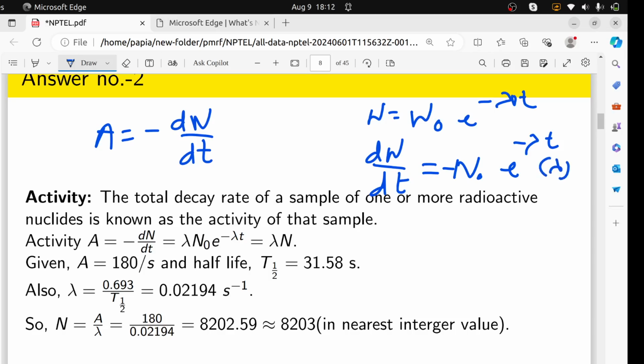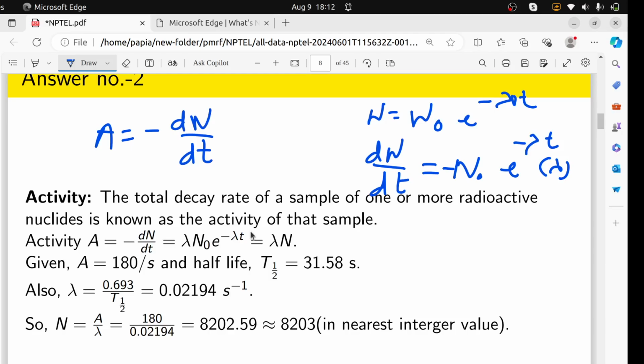I have just written that one, and as it has a negative sign, obviously the activity will be minus dN/dt. So it will come as N0 lambda e to the power minus lambda t. Now you can see that N0 e to the power minus lambda t is nothing but N. So activity we can write in terms of lambda into N.